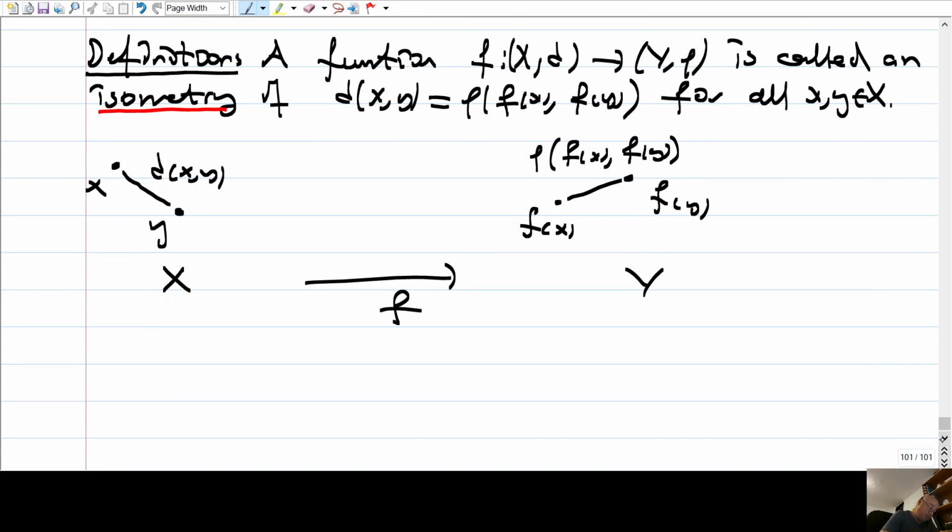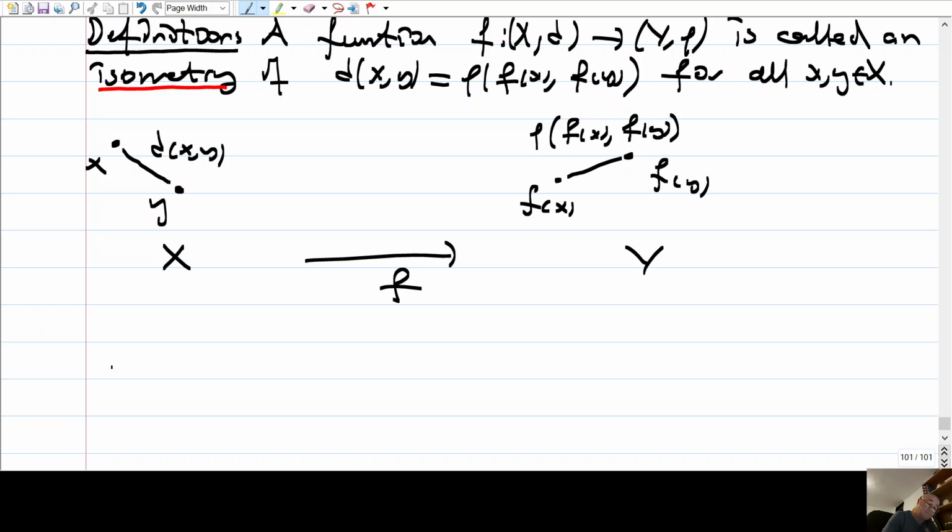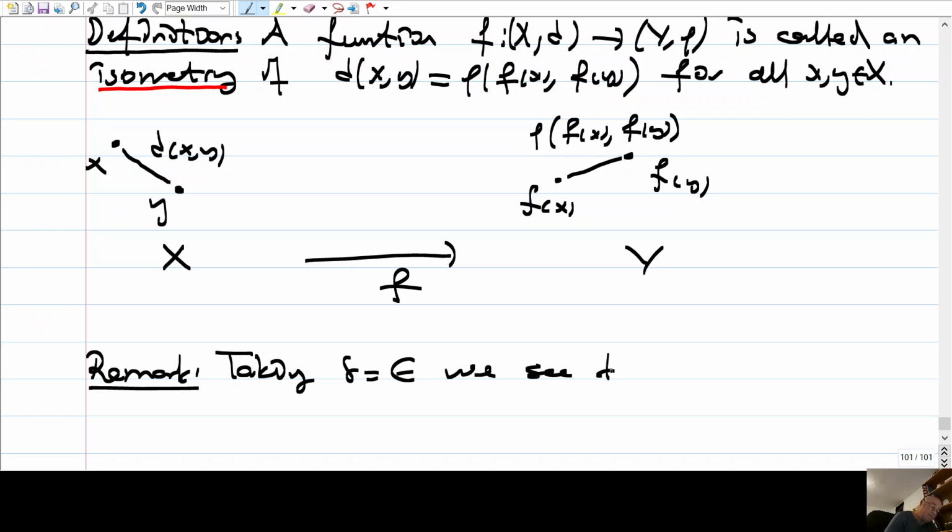Clearly, a remark: taking delta to be epsilon, we see that an isometry f from X to Y is uniformly continuous, right?